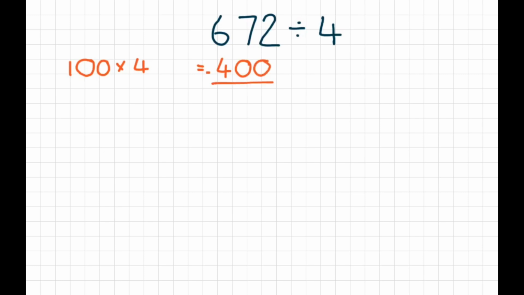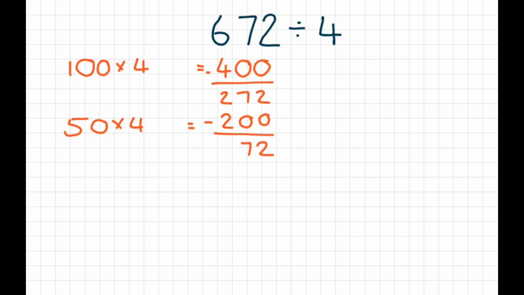So when I take away 400 from 672, I get 272. The next chunk I'm going to take out, I'm going to take out 4 times 50, because I know that gives me 200. If I take 200 away from 272, I'm left with 72.